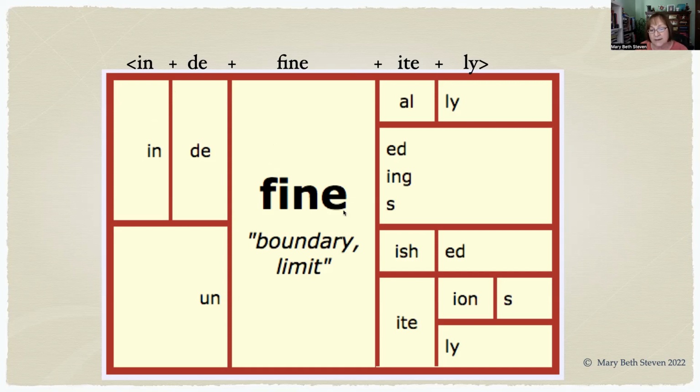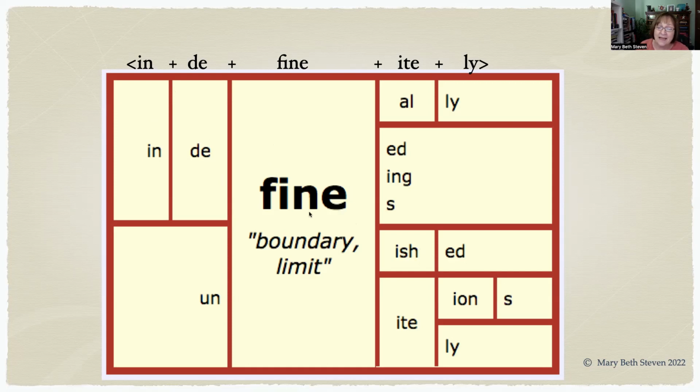Something else I wanted to point out on this matrix, it's a question my students have had, and that is, why do ISH and ED get their own cell, but ED, ING, and S are sharing one? Why is that? And that's a really great question, isn't it?